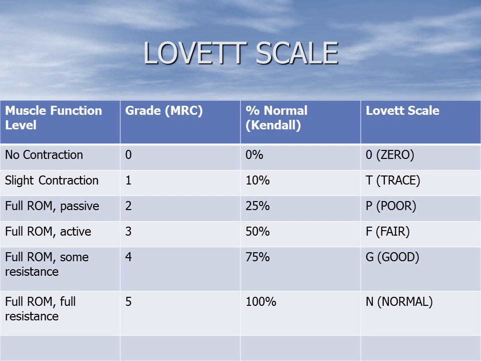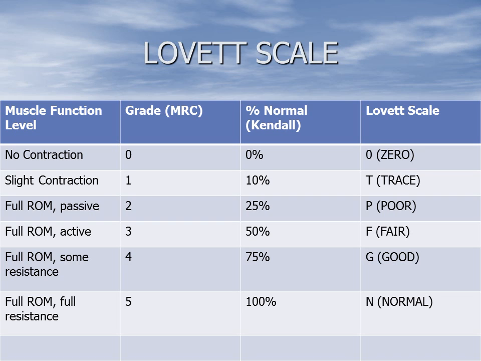Now, what kind of evidence do we see when we have a muscle contraction? Well, we can both see a contraction and we can feel a contraction. So when we have a grade of 0, we have no visible evidence of contraction and no palpable evidence of contraction.